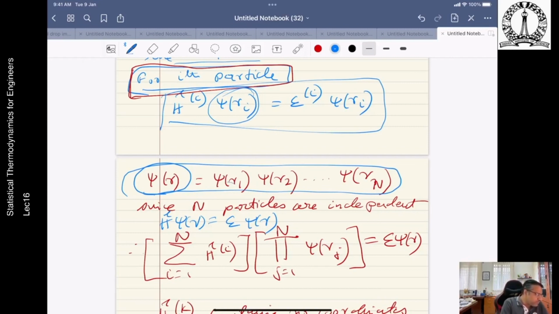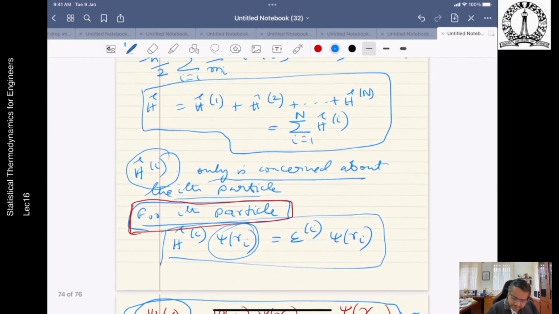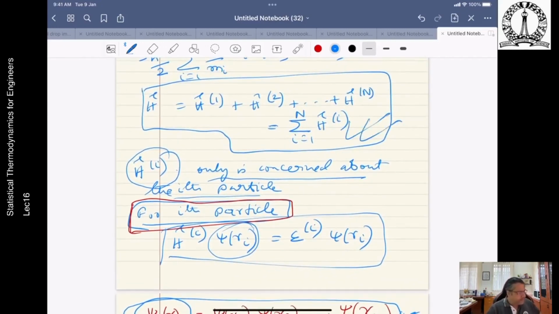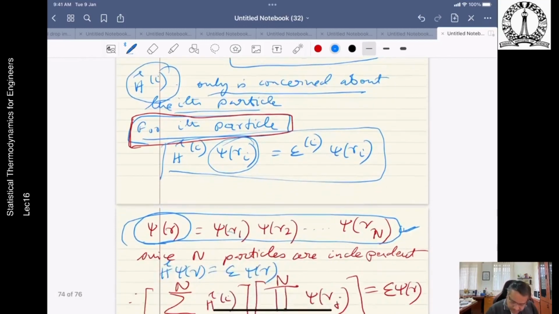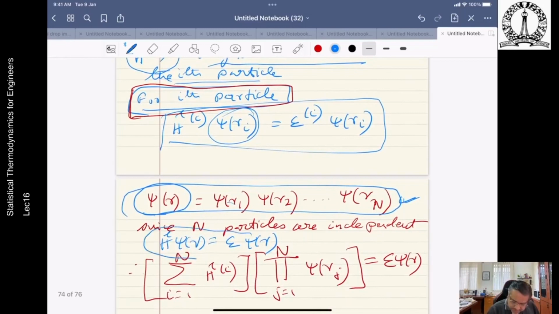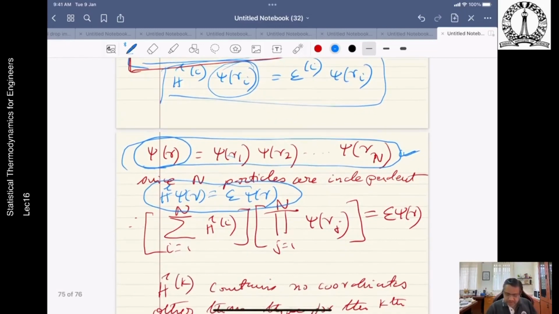Now, if we substitute this particular expression as well as this particular expression, these two, into this expression here, you get this.